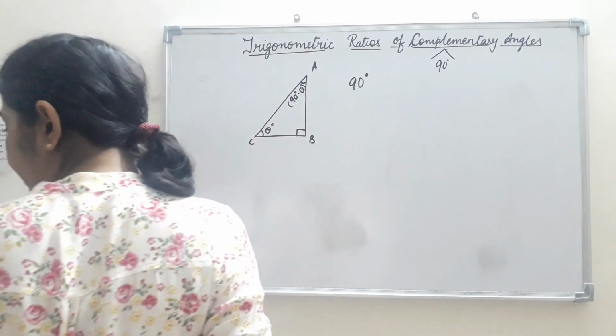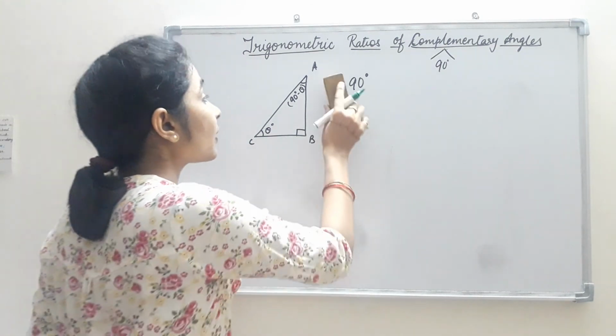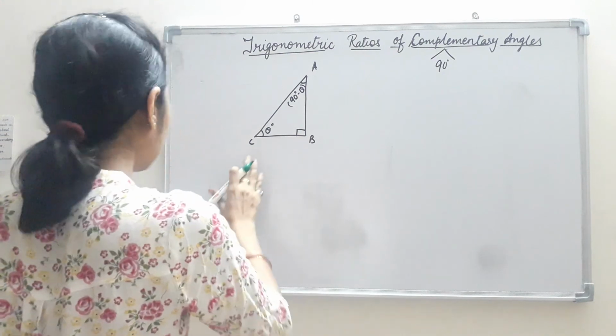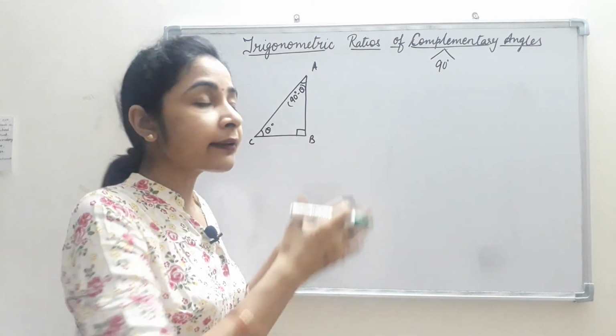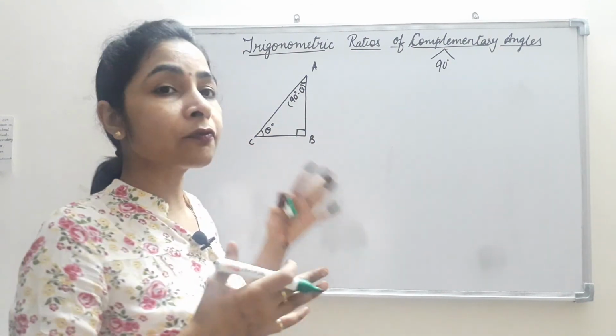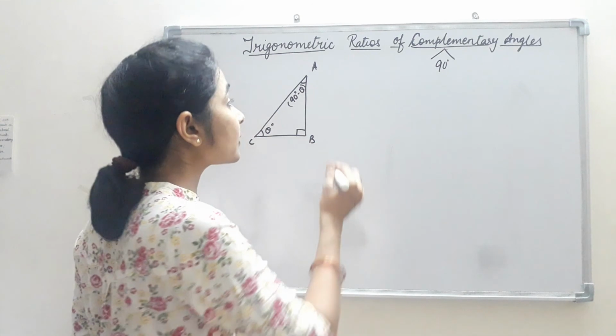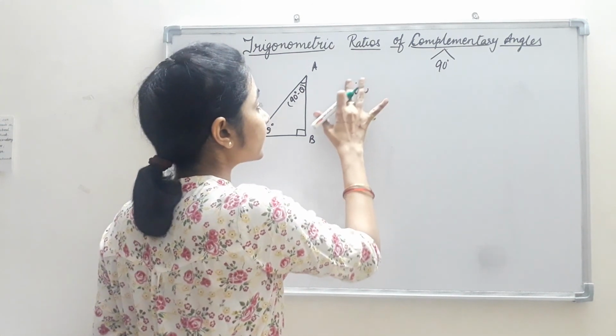Now if I try to find the ratios, first consider angle C, the measure of this angle is theta. If I try to find all the ratios of this angle, then what will those ratios be? Starting with sine theta, what will be the value of sine theta?